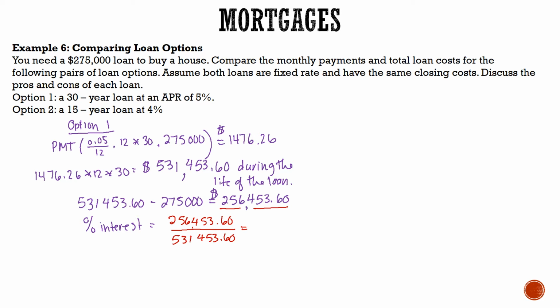Taking that ratio, we get a decimal of 0.48, or 48% of what we pay into this mortgage is going towards interest.